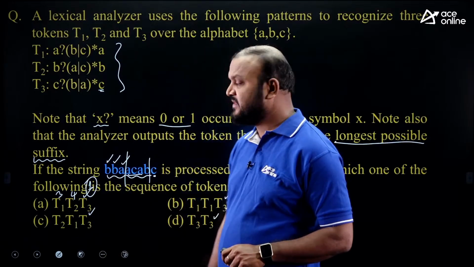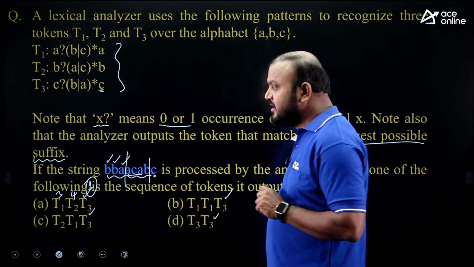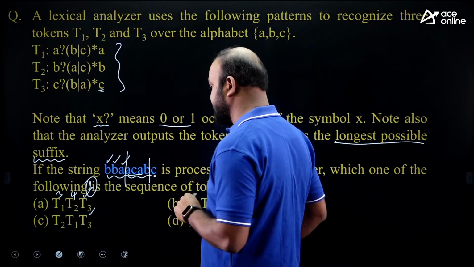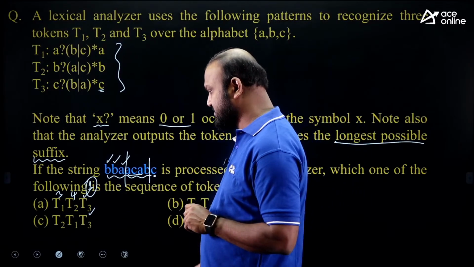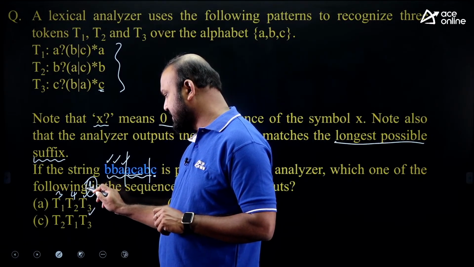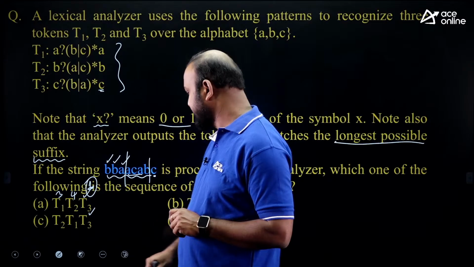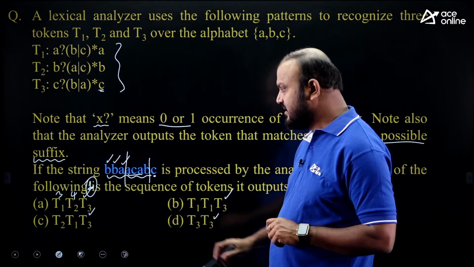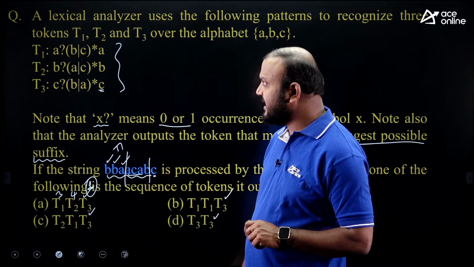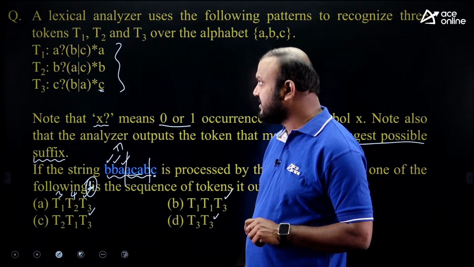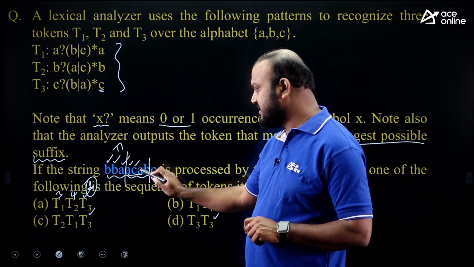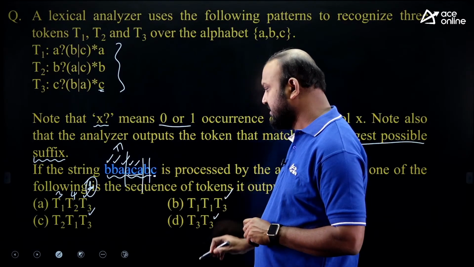So what is the suffix? That suffix length is 1. But the question is about the longest possible suffix, like in which token stream the longest possible suffix is possible. So for option A, the suffix length is 1. Now in option B, look at T1. T1 means A question mark, (B|C) star, A, up to this only.